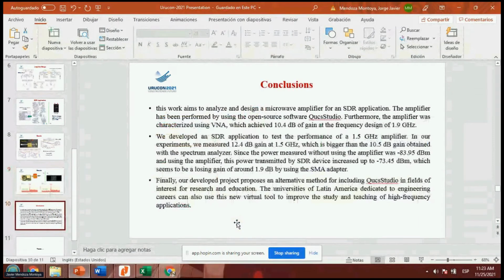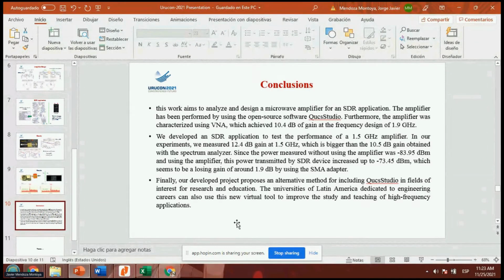Finally, the aim of this work was to analyze and design this microwave amplifier using this open source software that can be used at any university that doesn't have access to licensed software.